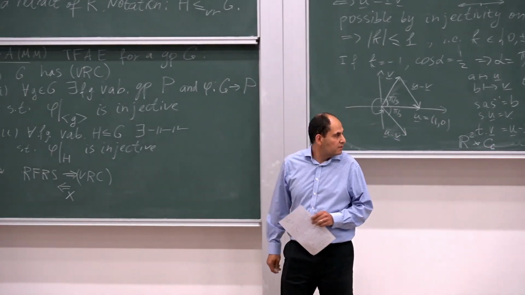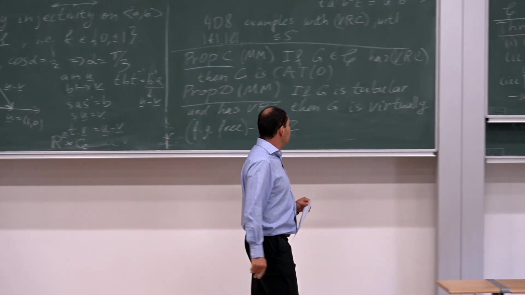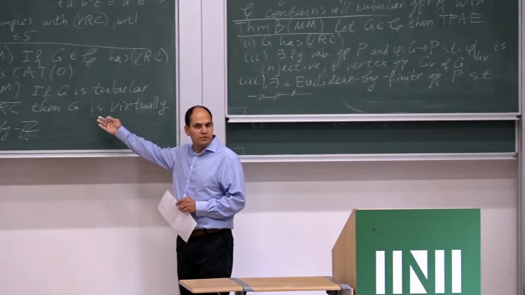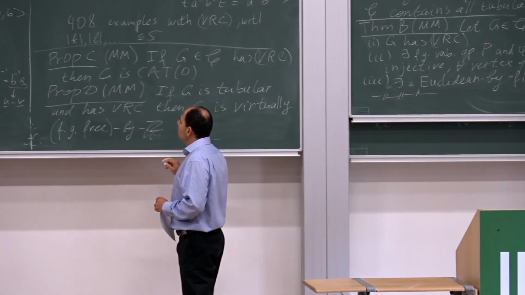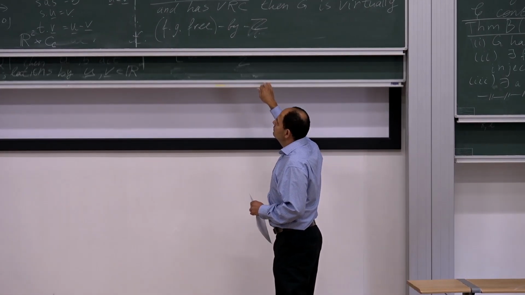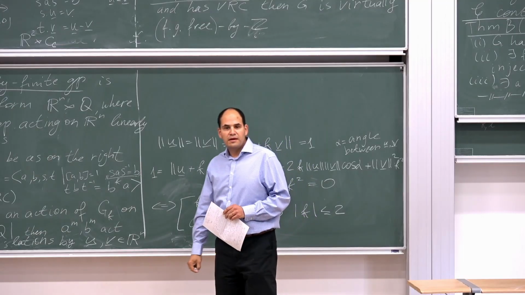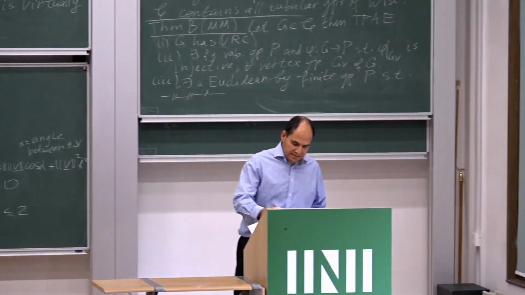So Jack Button basically characterized when a tubular group is free by cyclic, and we can do that up to finite index. This will work here.